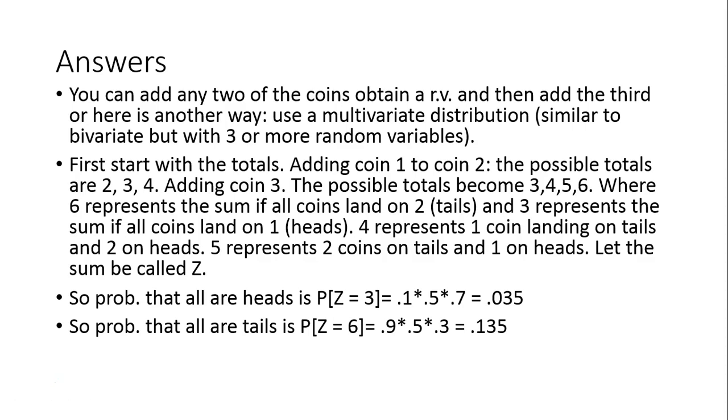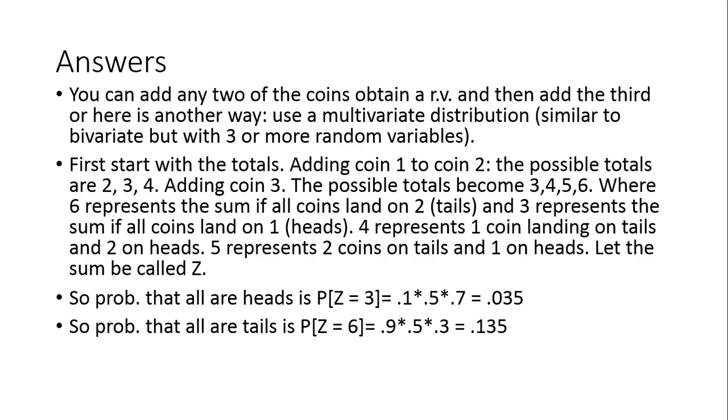So let's see what the answers are. Again, you can add any 2 of the coins, obtain a random variable, and then again add this random variable to the third coin. Or here's another way. Use a multivariate distribution. In this case, add all 3 together at once. It's also possible.